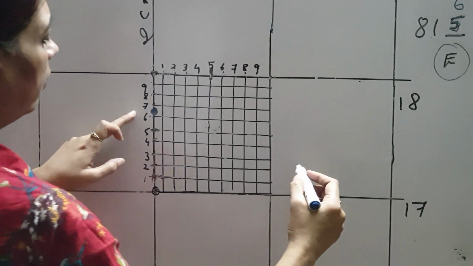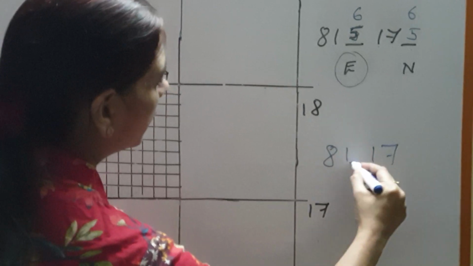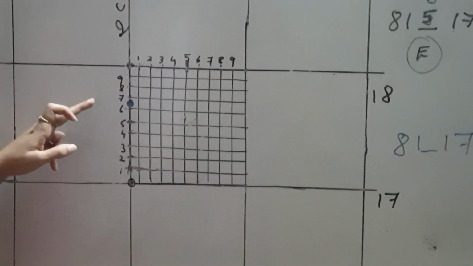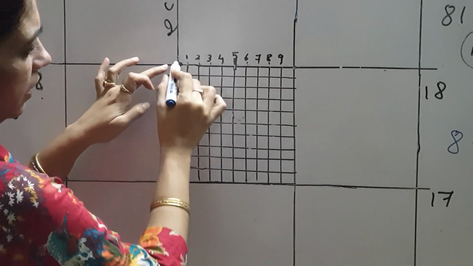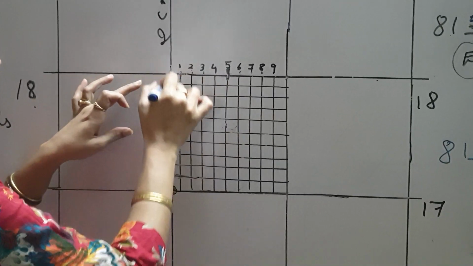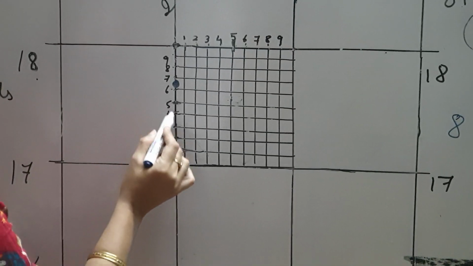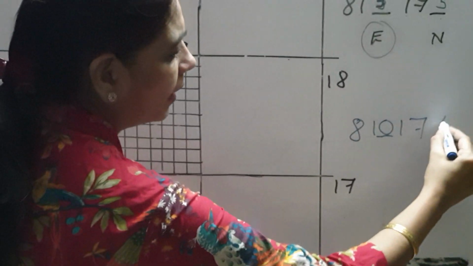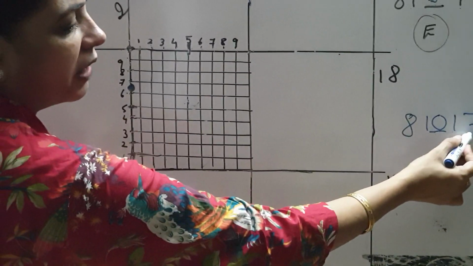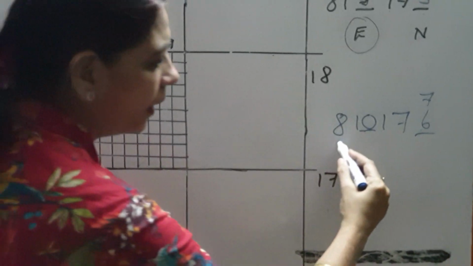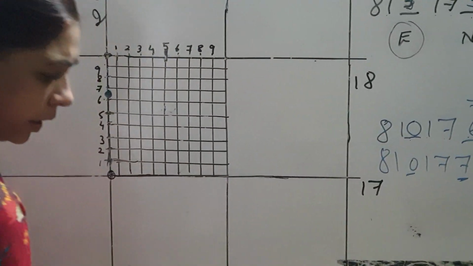Now the 4-figure grid will be 81 and 17, and the easting, the vertical line. So the easting will be 0, and then the upward reading will be between 6 and 7, so you will write here 6 and you will write here 7. So one answer will be 810176 and another answer will be 810177. Okay, so you will give two answers.